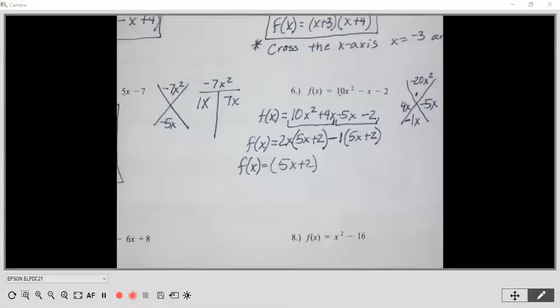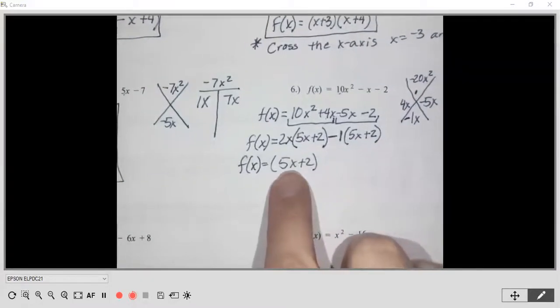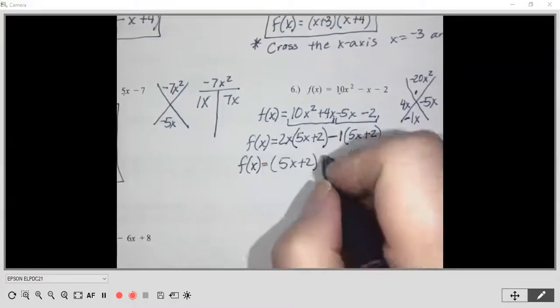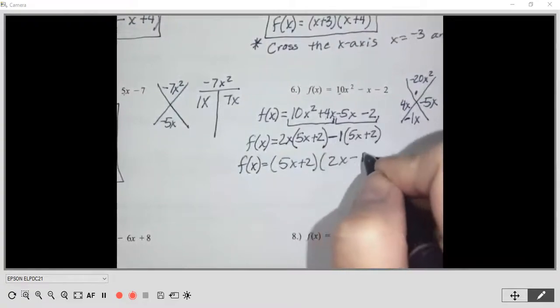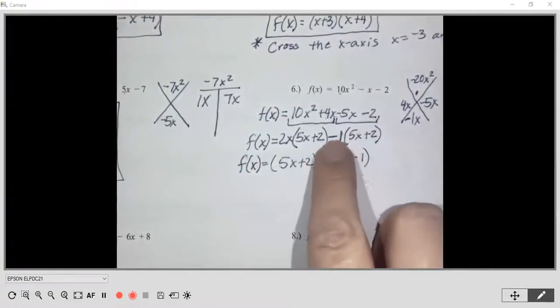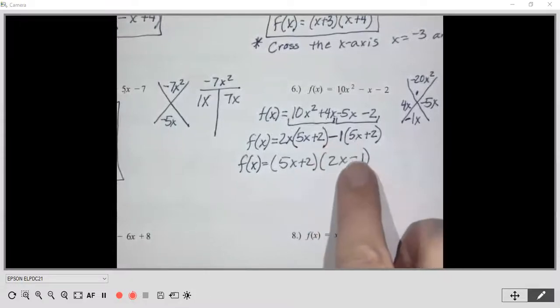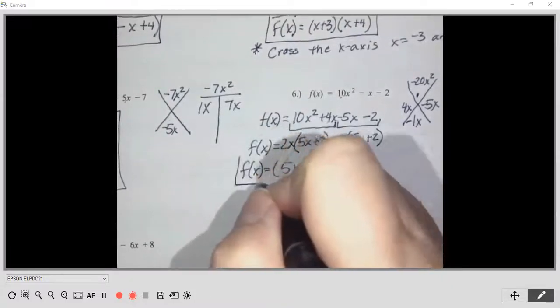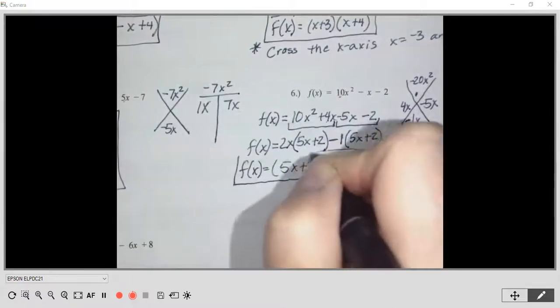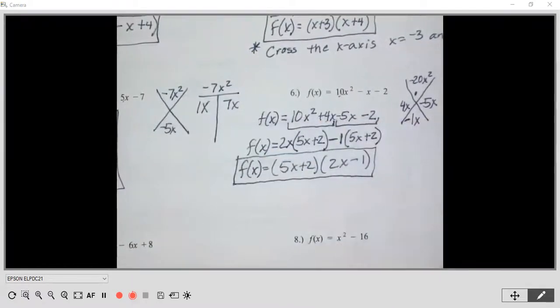And what's left over after I factor out the 5x plus 2? 2x minus 1. If you didn't have the 1 there, you would still need to write it here in the factored form. So f of x equals the quantity 5x plus 2 times the quantity 2x minus 1.